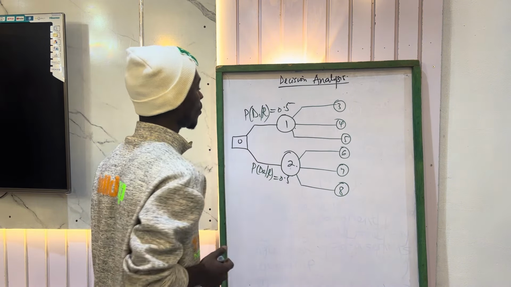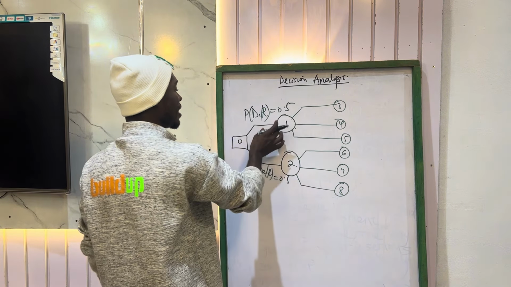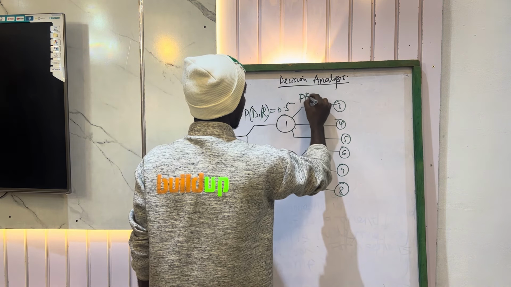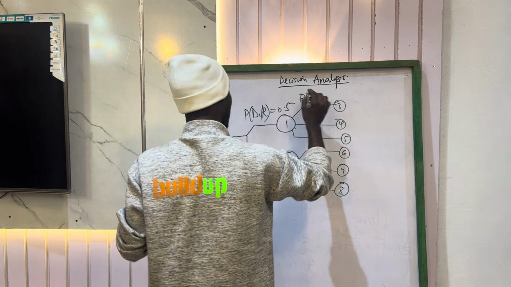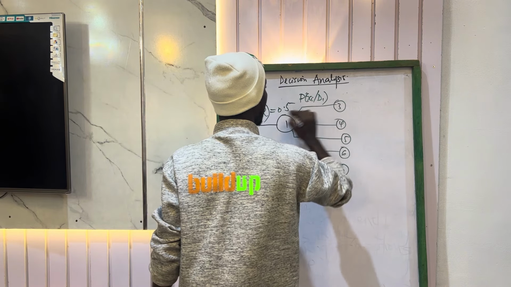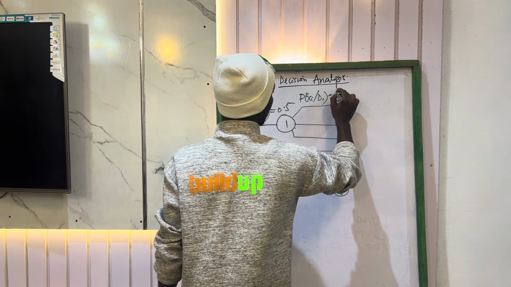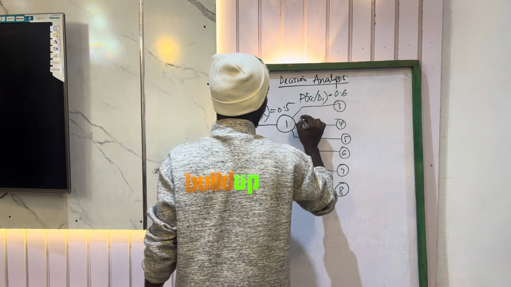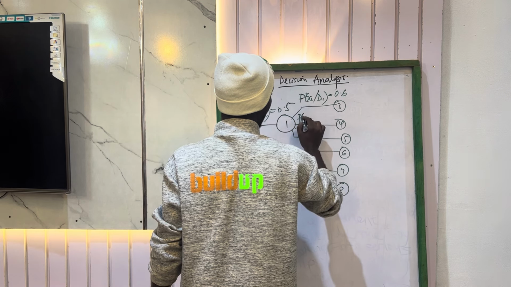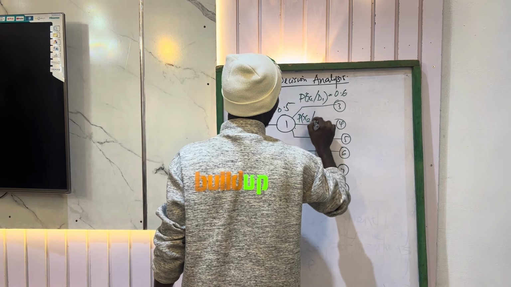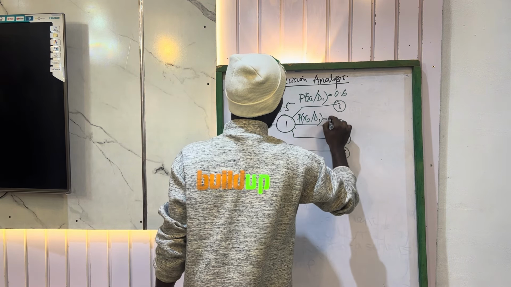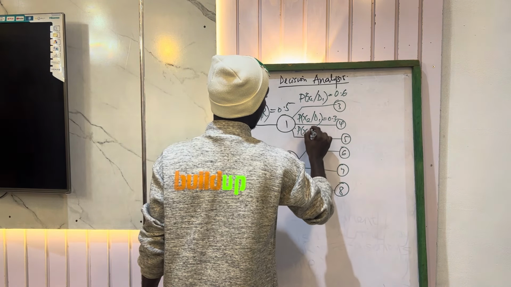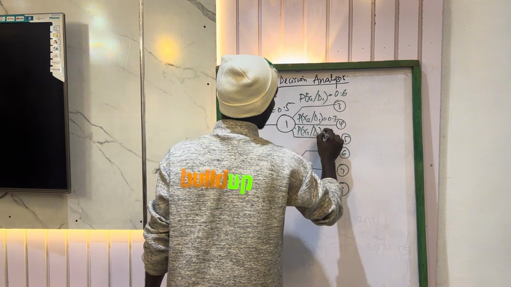Now for develop, the probability of an outcome here, PXI, for develop is equal to 0.6. The probability of outcome 2 to develop is 0.3. The probability of outcome 3 to develop is equal to 0.1.